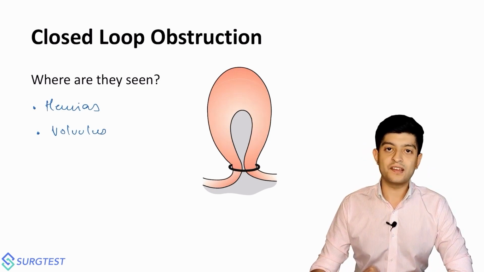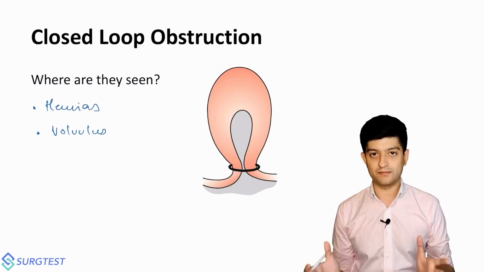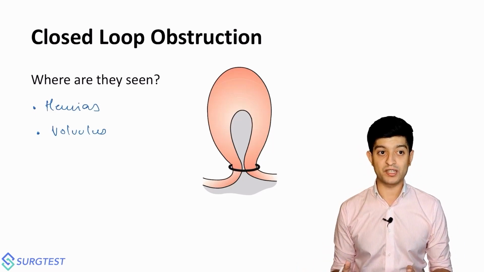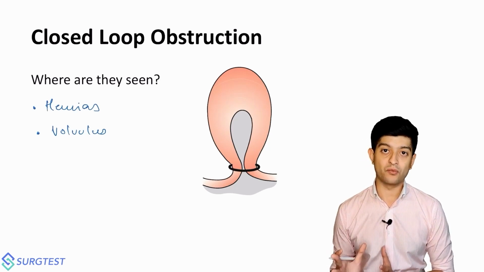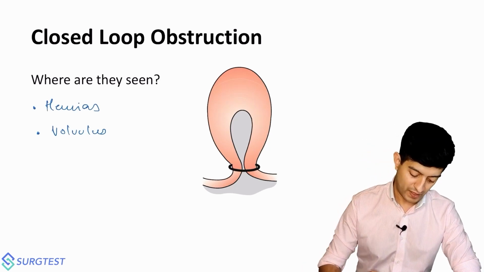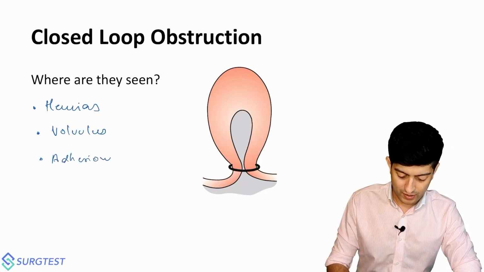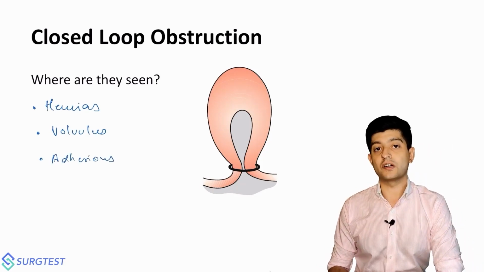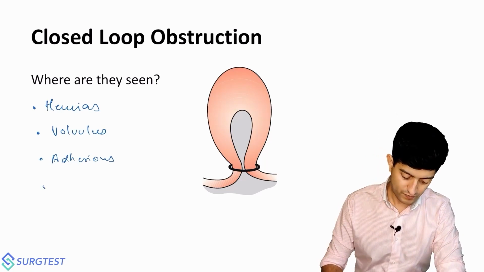Most of us in our residencies would have come across a patient with a sigmoid volvulus. You go in, sure, the rest of the colon is also dilated, but it pales in comparison to just how dilated the sigmoid volvulus itself is. Infrequently, even adhesions can land up causing a closed loop obstruction in a patient who's previously been operated.